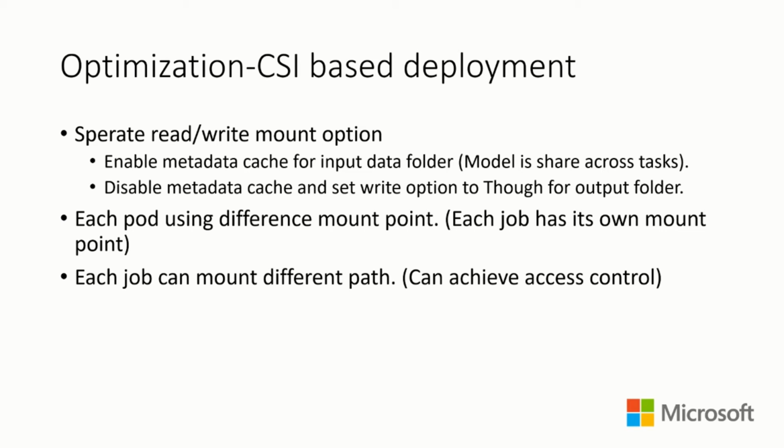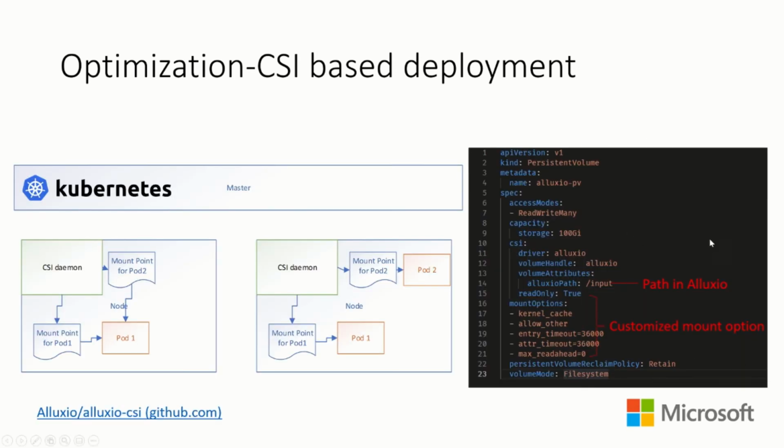Another advantage of CSI-based deployment is that each job can mount to different paths, and these paths can be controlled by the admin. The admin can provide several such config values for the CSI, and for each job, it can only select one of the provided values. If the admin doesn't provide such a config, the job cannot mount this path.